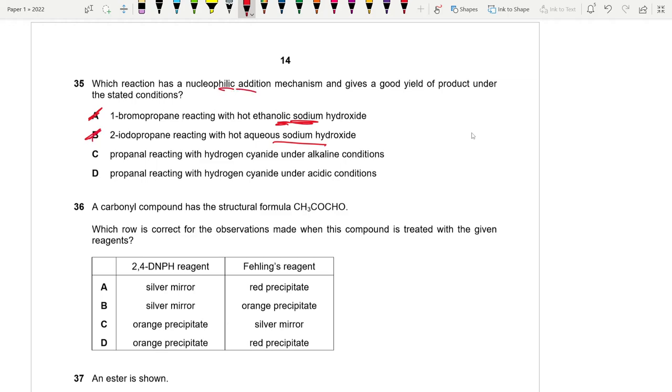Okay, it's not nucleophilic addition. Carbonyl compounds undergo nucleophilic addition. Now, what's the condition though? Propanal reacting with HCN under alkaline conditions and propanal reacting with HCN under acidic conditions.